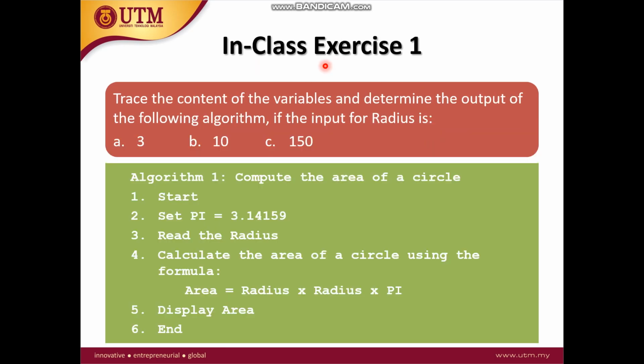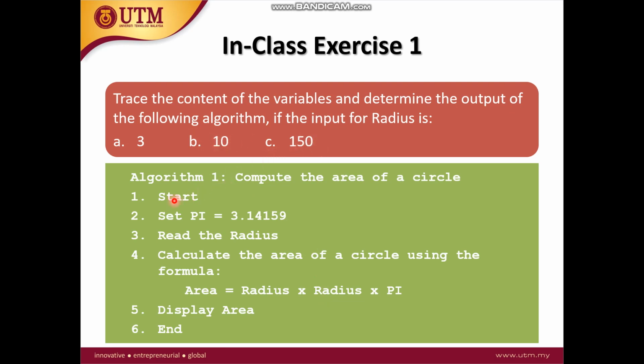This is an exercise for you. You need to do the trace table yourself in order to make sure that your program is completely true or false. You are going to calculate the area of the circle based on this formula, while the radius is 3, the next time is 10, and the last one is 150.